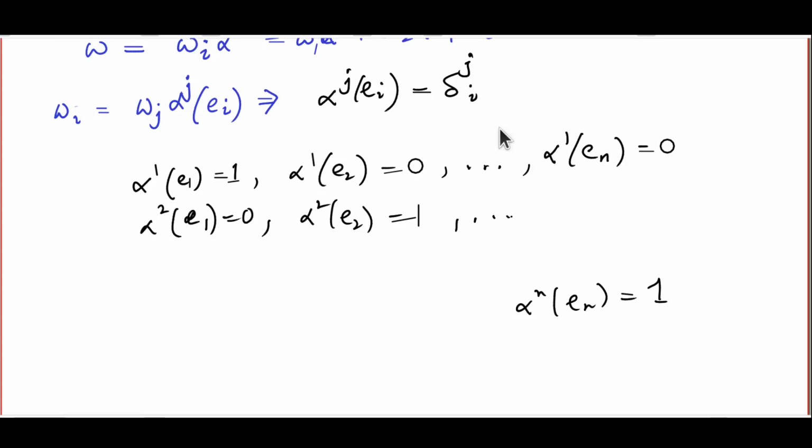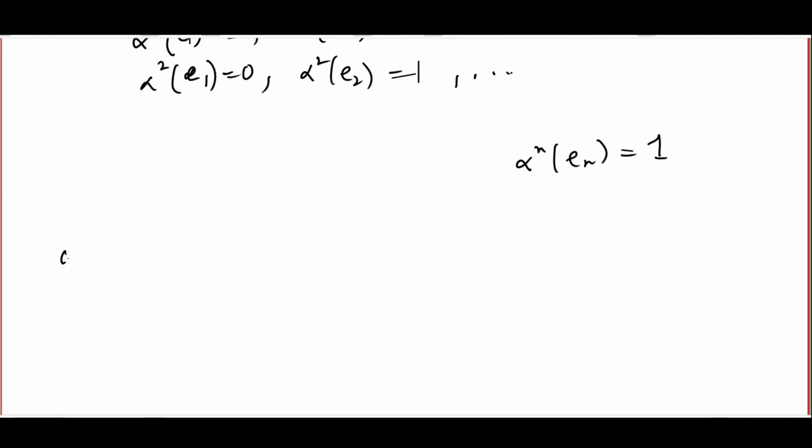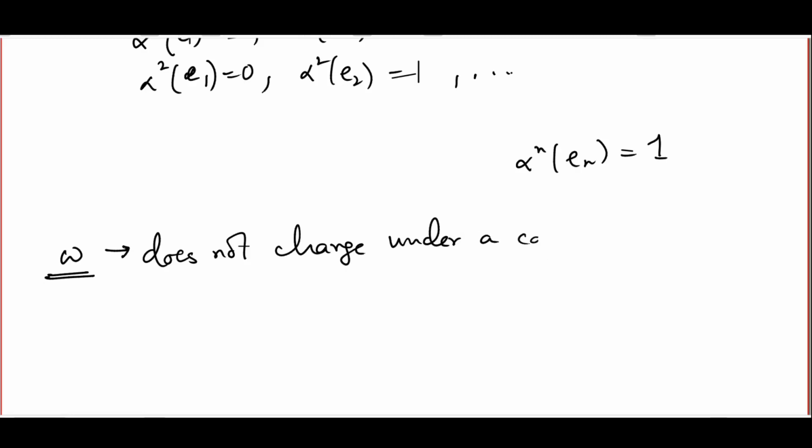Now we come to the question of how these basis covectors transform when you change your coordinate system. One easy way to answer that would be to simply demand that omega, the covector, does not change under a coordinate transformation.